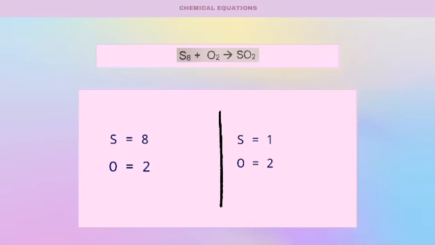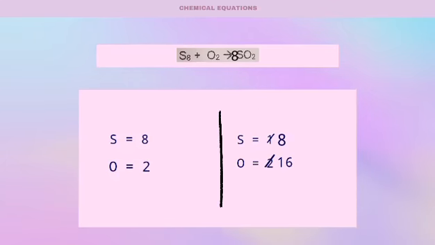To balance the equation, I will need to add coefficients to change the number of atoms on one side to match the other. For the equation S8 plus O2 equals SO2, I would add coefficient 8 before SO2 so that there are 8 sulfur atoms on each side of the equation, like S8 plus O2 equals 8 SO2. However, subscripts cannot be changed and are always multiplied by the coefficient, which means there are now 16 oxygen atoms on the right side of the equation and only 2 oxygen atoms on the left side.